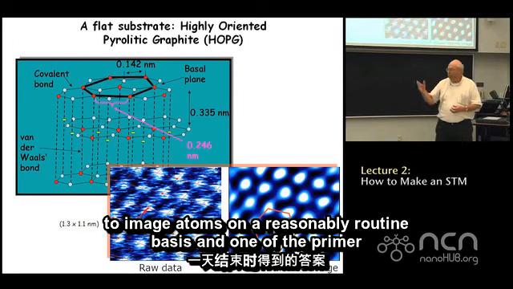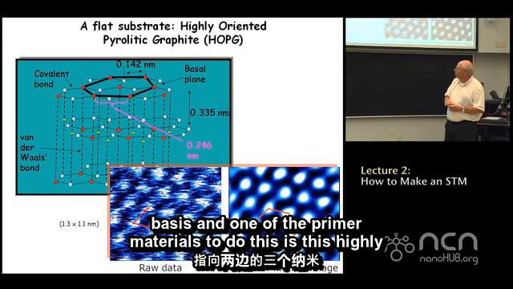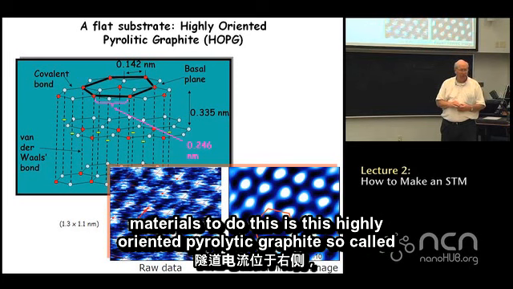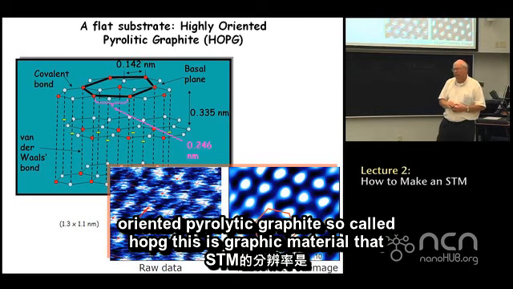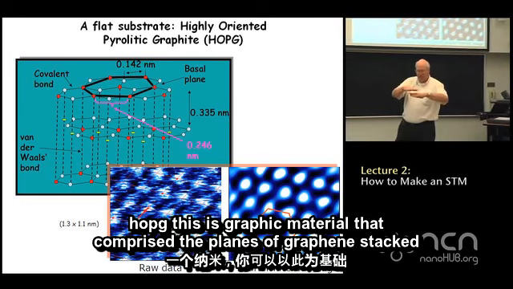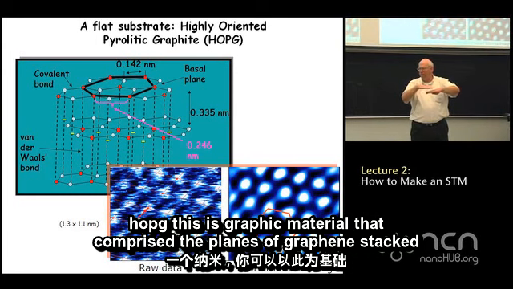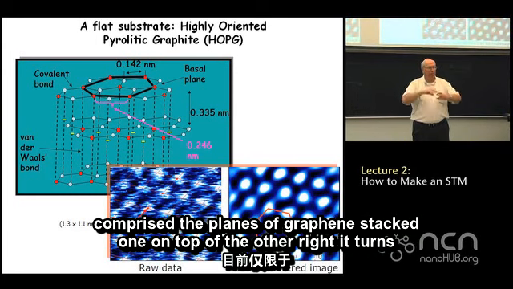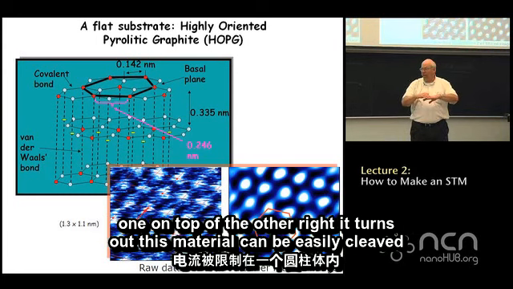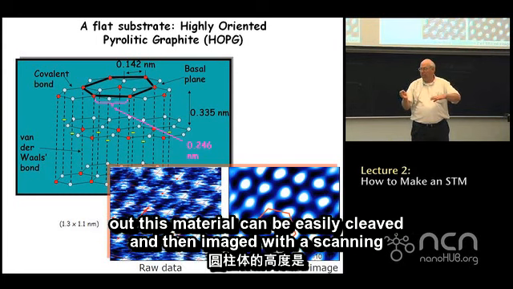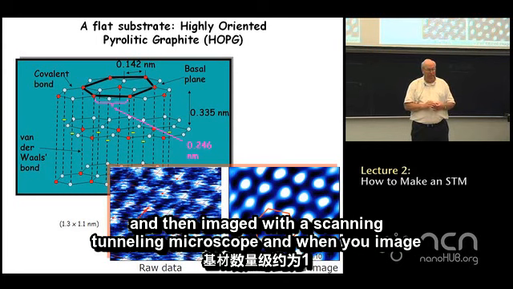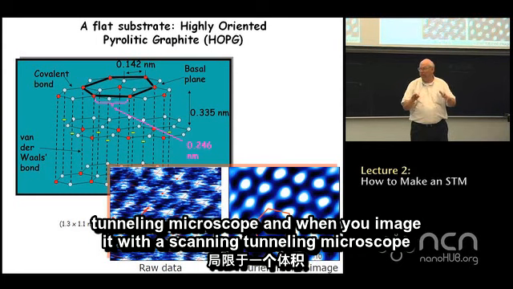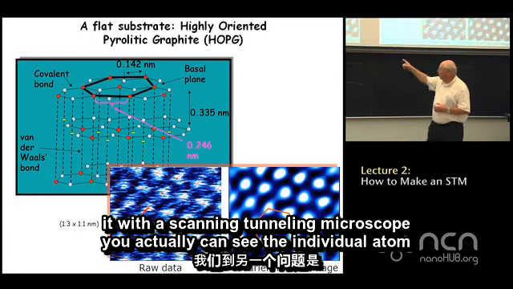And one of the prime materials to do this is highly oriented pyrolytic graphite, so-called HOPG. This is graphitic material that is comprised of planes of graphene stacked one on top of the other, right? It turns out this material can be easily cleaved and then imaged with a scanning tunneling microscope. And when you image it, you actually can see the individual atoms.